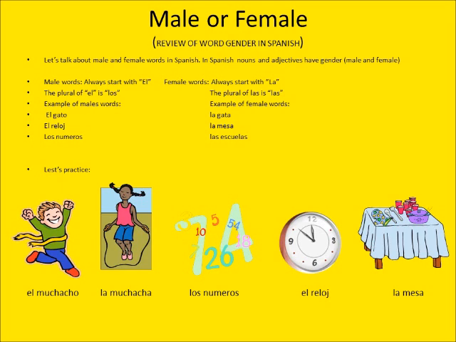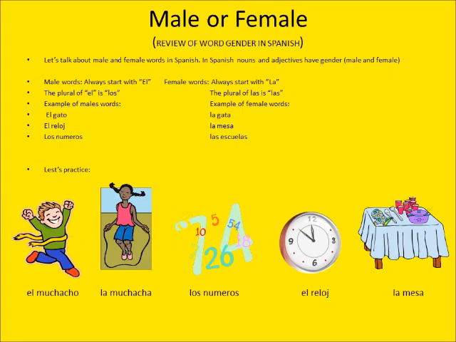Okay, to the next slide, female words. It always starts with la or las, which is the plural. So here I have some examples. La gata, again it's easy to understand because the cat is a female cat. But when we see the second one, la mesa, that's an object.